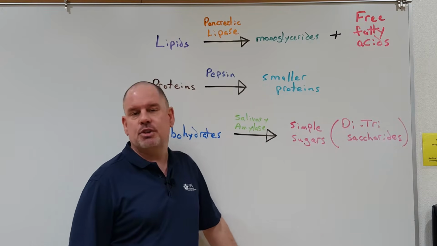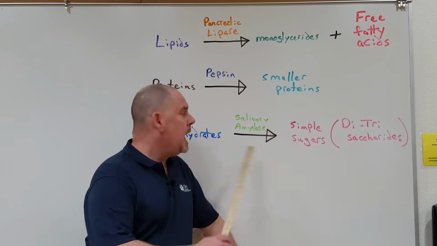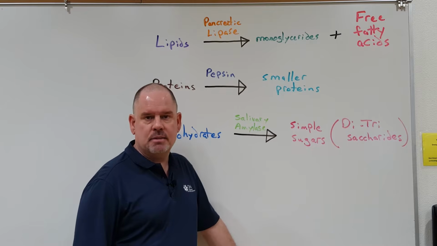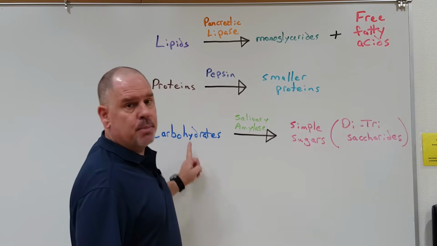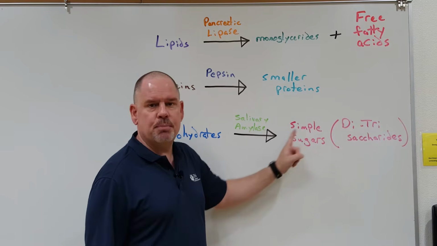For us, we're really shooting for maltose, you can see there in your lab manual. Not all the way down to monosaccharides. That doesn't happen with the amylase enzymes. So salivary amylase digesting a polysaccharide starch into simple sugars.